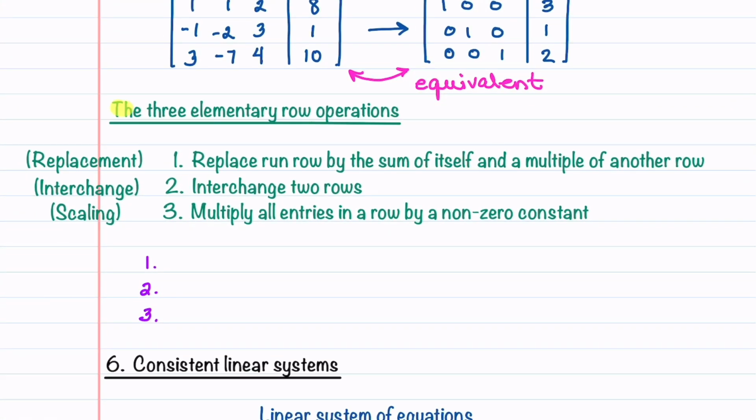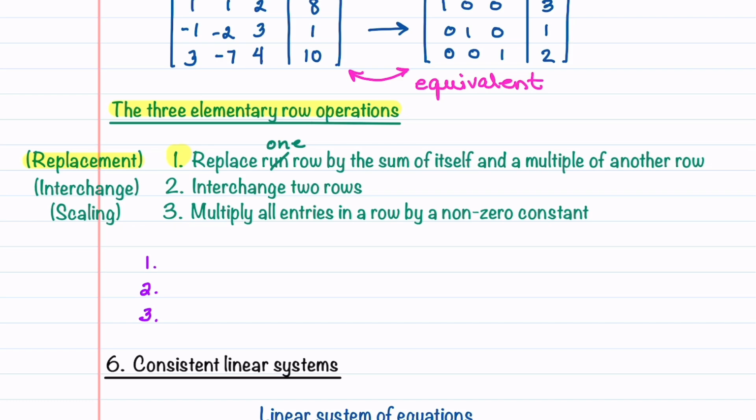There are 3 elementary row operations. The first one is called replacement, and that's when we replace one row, and I just noticed that that's not spelled right. So let's make that change. You're going to replace one row by the sum of itself and a multiple of another row.